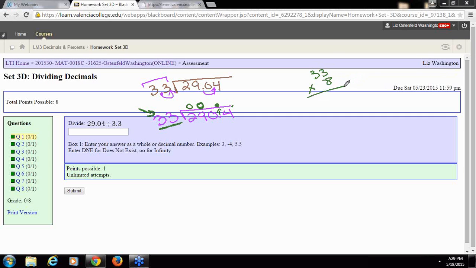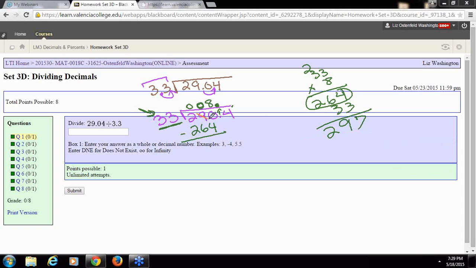I'm just estimating. So I'm going to get 264. Another 33 would make that 297, which would be too big. So I'm going to actually put an 8 right here. And I'm going to subtract 264. So here, I have to borrow, okay, because I cannot subtract 4 from 0.